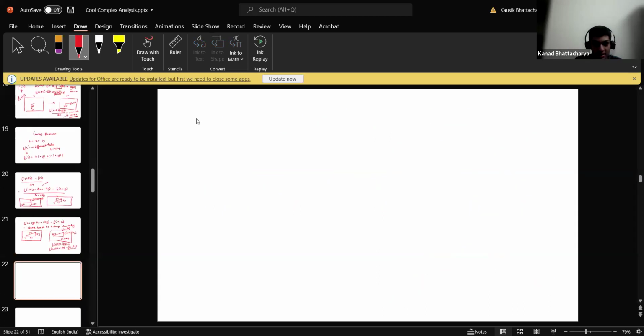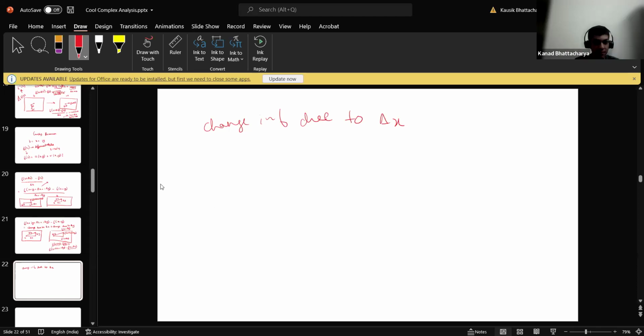So now what does change due to delta x mean? It means change in f. I'm trying to understand how f changes by moving z to z plus delta x.